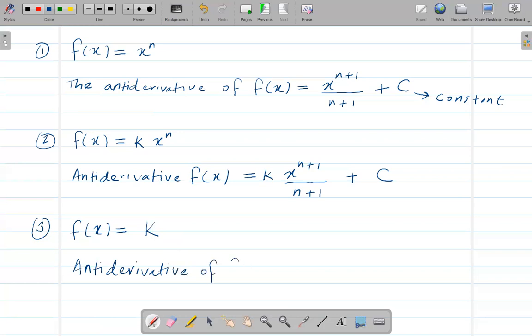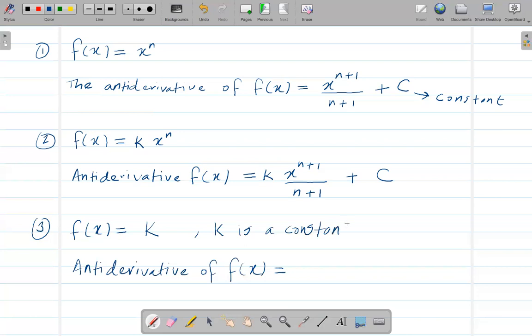If there is a variable on the bottom with some number on the power, then we use the previous rule, but here we are assuming that k is a constant.